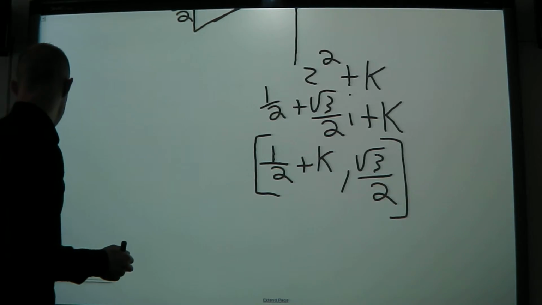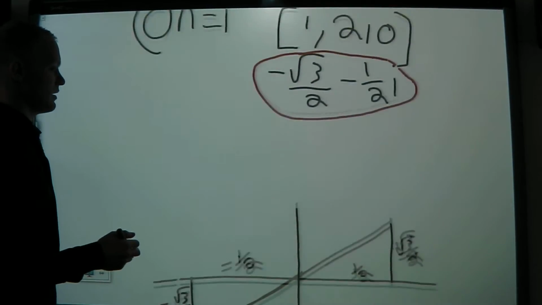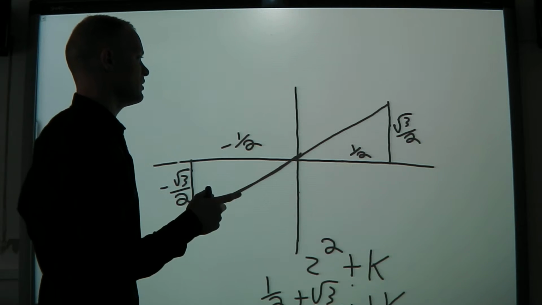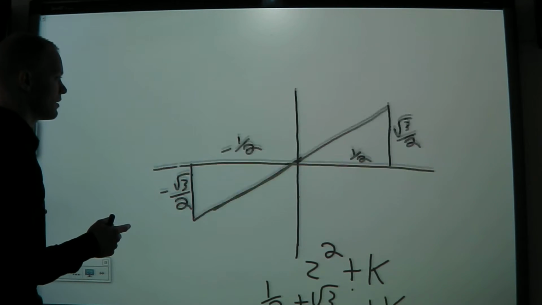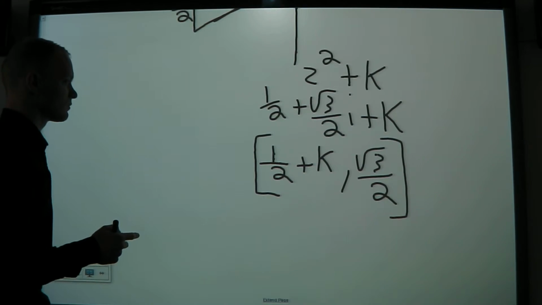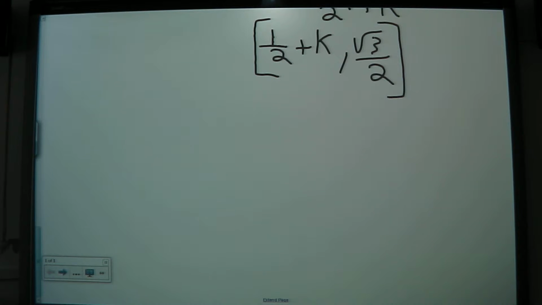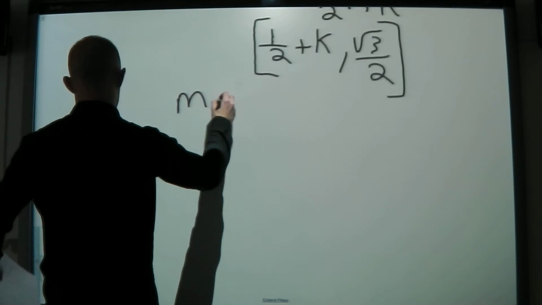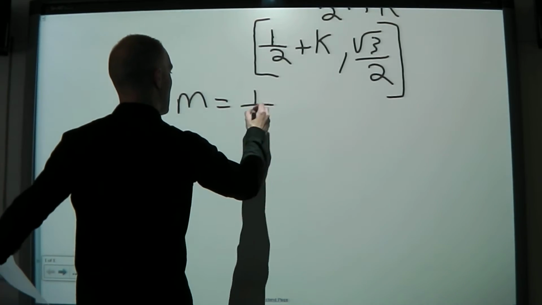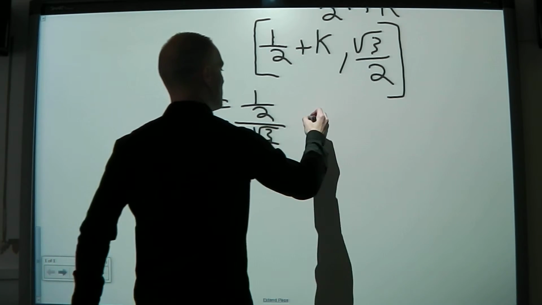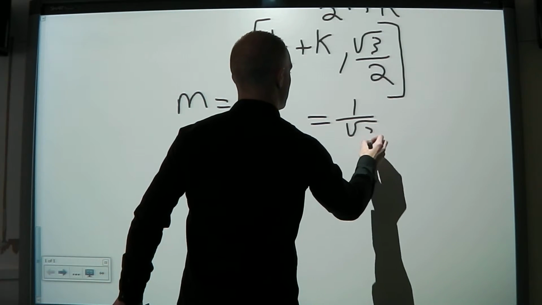Now what we also know is the slope of the line, which is root 3 over 2 divided by a half. Let's extend this, and I'll work that out. So the slope is equal to a half all over root 3 over 2. That implies the slope is equal to 1 all over root 3.